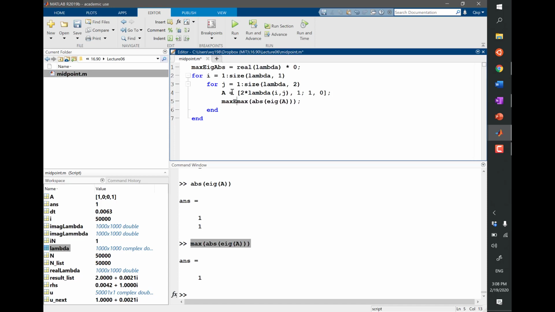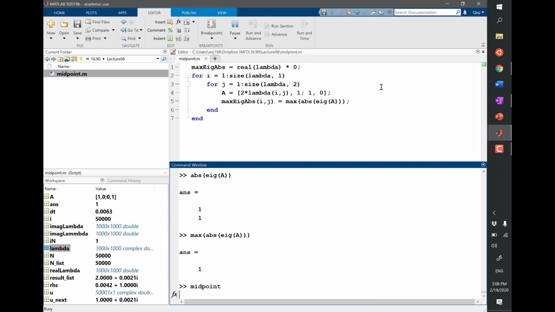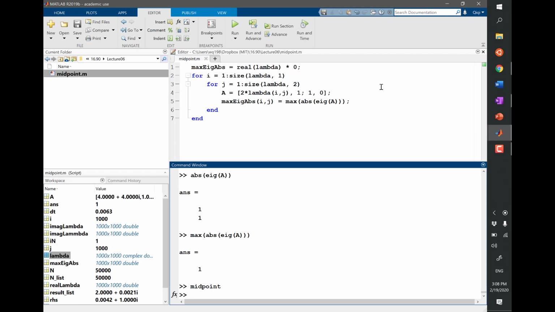So max_eig_abs(i,j) is going to be equal to this, right? Let's run it. It takes a while. It's doing eigenvalue calculations of a million matrices, and now it's done.